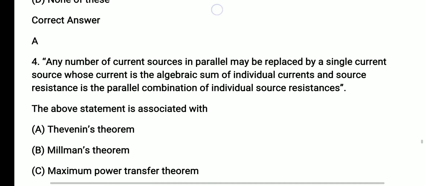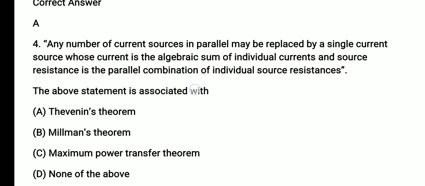Next one, a statement, we have to find which theorem it is. Any number of current sources in parallel may be replaced by a single current source whose current is the algebraic sum of individual currents and source resistance is the parallel combination of individual source resistances. So the current sources in parallel with the resistance.